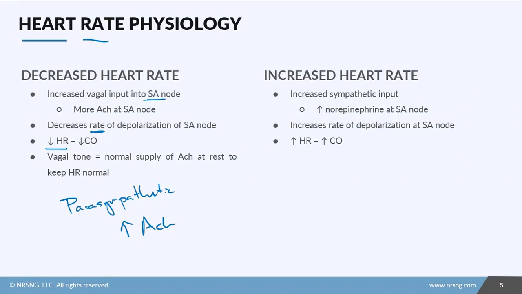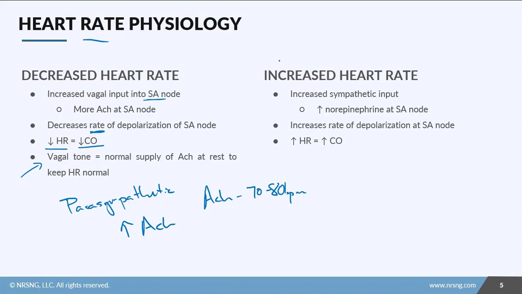Therefore, you're going to get a decreased heart rate and a decreased cardiac output. Now, like I said a couple slides ago, we were talking about vagal tone. This is that normal supply of acetylcholine at rest, and we want to keep that heart rate normal. So the body's response is that we're going to get this parasympathetic input to get the acetylcholine at about 70 to 80 beats per minute.